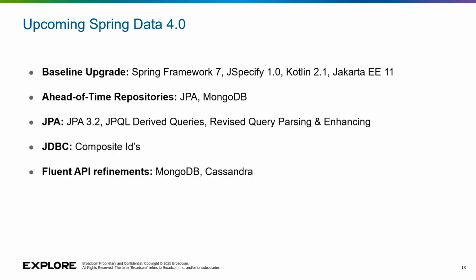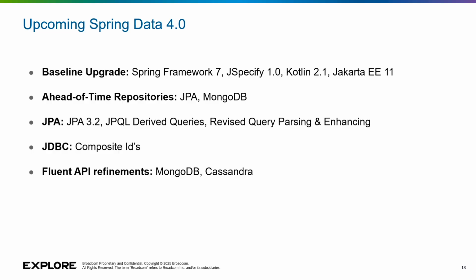I don't even know what it's executing. I just want to debug my query, right? A side effect of these ahead-of-time repositories is that they're static code, so now you can actually jump into the method and debug your code very easily. We'll see, there are some screenshots to show you.